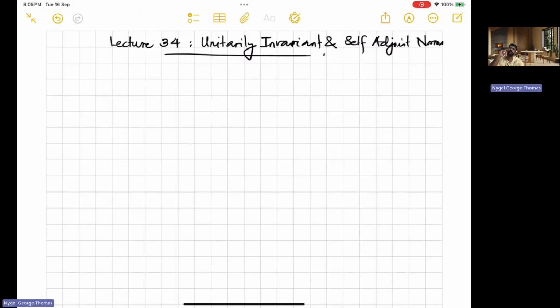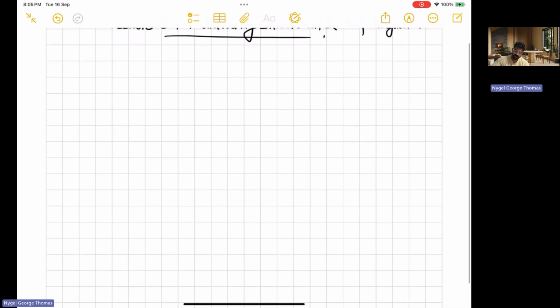Now let's quickly discuss two more definitions regarding norms before we move to the next topic, and a few properties related to these norms. First one is unitarily invariant norms. This is actually obvious from the name.